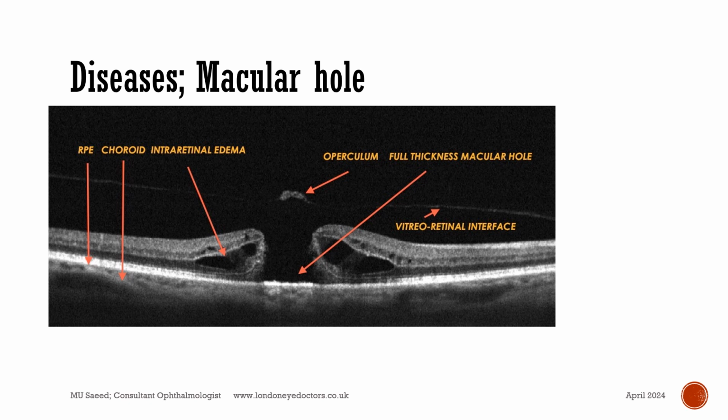OCT scan can also help predict the prognosis, with the area of gap between the retinal layers corresponding directly to the amount of vision that may be retrieved after surgery.